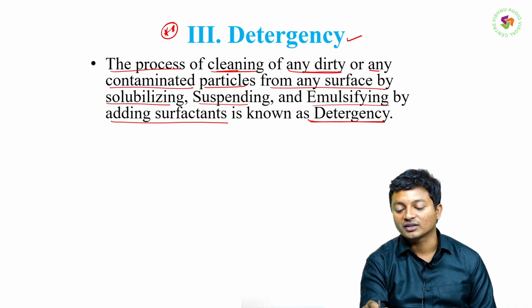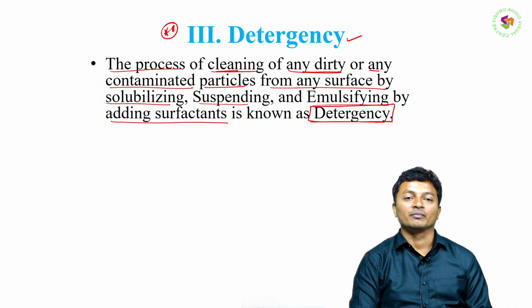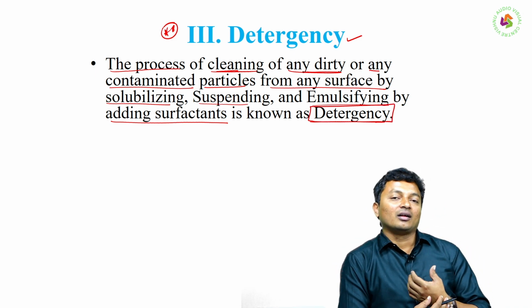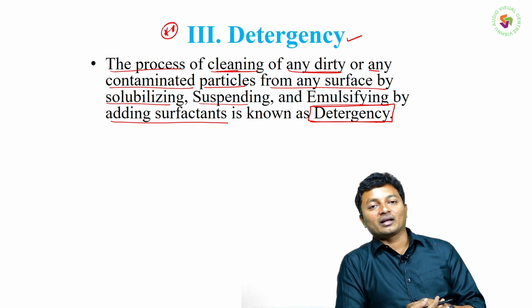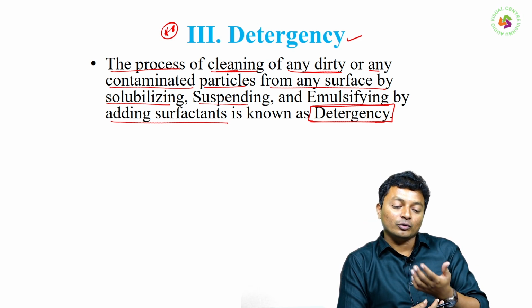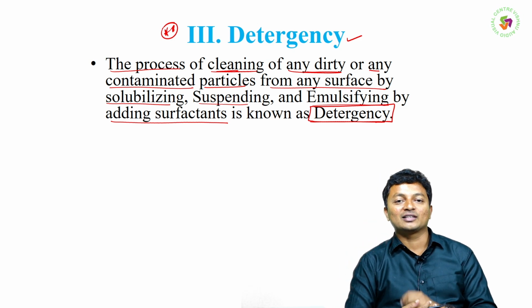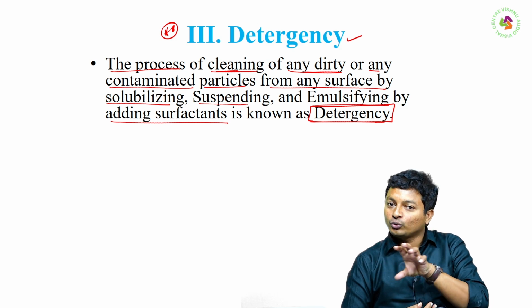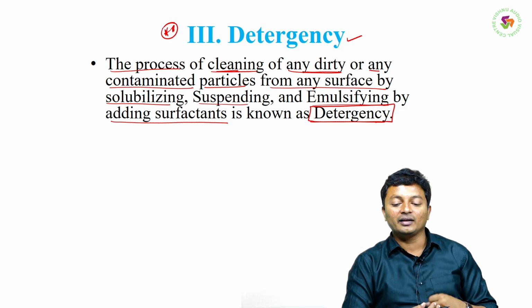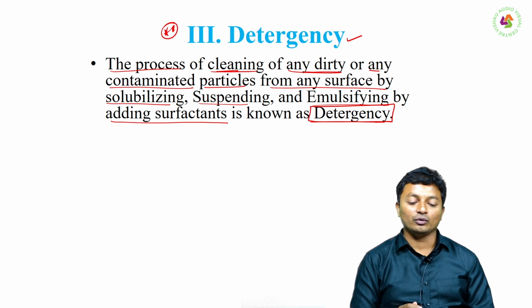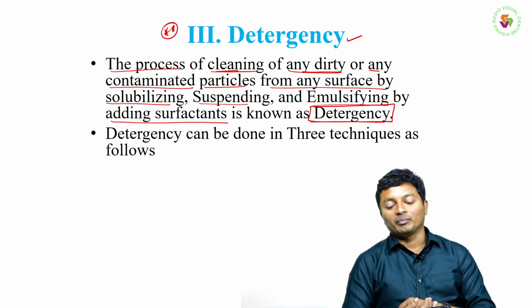This process is considered as detergency. We need to remove the dirty, unwanted or contaminated particles from a substance, and during this cleaning process, we need to undergo three different mechanisms.